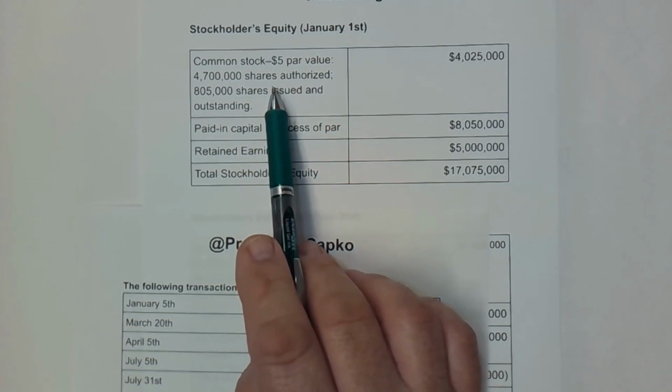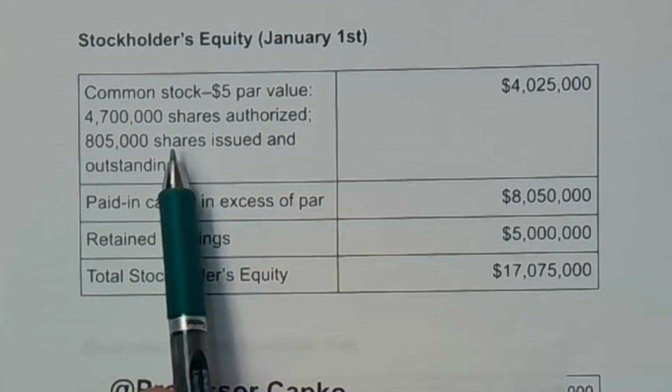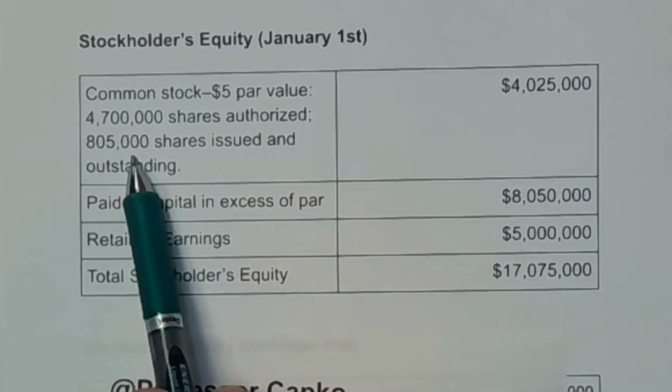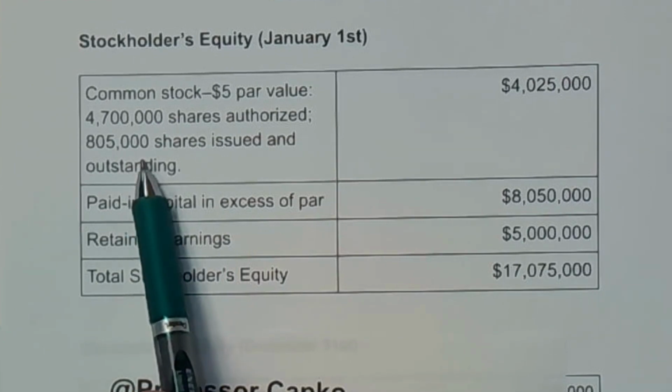So we need to dive down until we can figure out how many shares are outstanding. This is very helpful because it tells us right here that 805,000 shares are issued and outstanding. So they are out there in the hands of investors. And those are the folks who we're going to want to make sure we pay our dividends to.